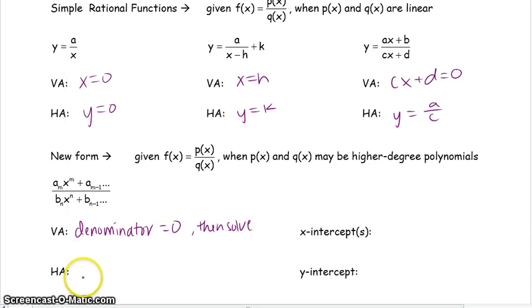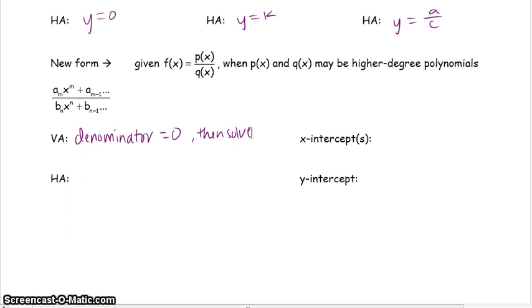For our horizontal asymptote, we're going to have 3 different possibilities. Okay, so we could have our m equaling our n. What that means is we have the same degree on the top and bottom.